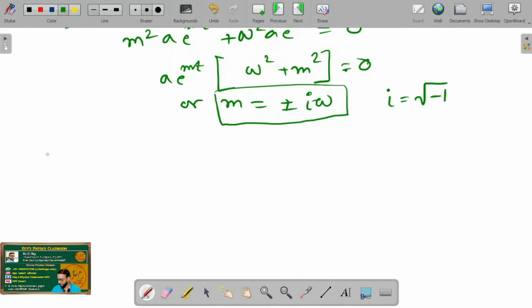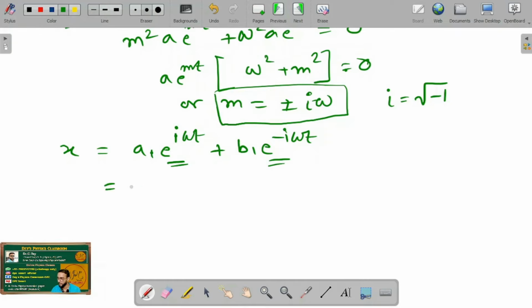These are the two solutions of m. So the solution would be x equals a1 e to the power i omega t plus b1 e to the power minus i omega t. Now we can expand e to the power i omega t and e to the power minus i omega t in the form of cosine and sine.